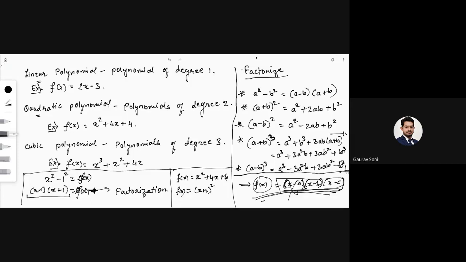Right now, let's talk about the rational fractions. Yes, this you have seen in the previous lecture. Can someone tell me what is a rational fraction?